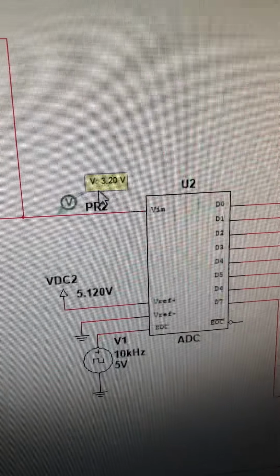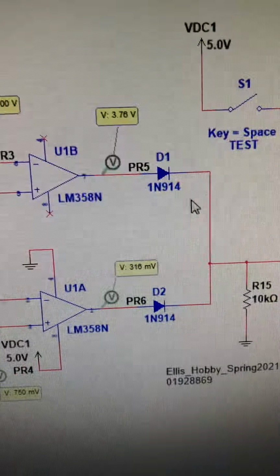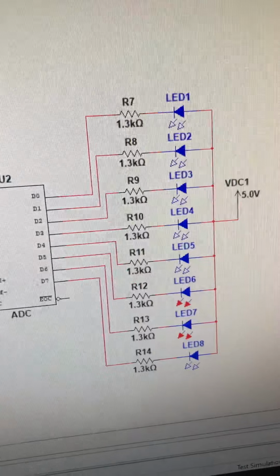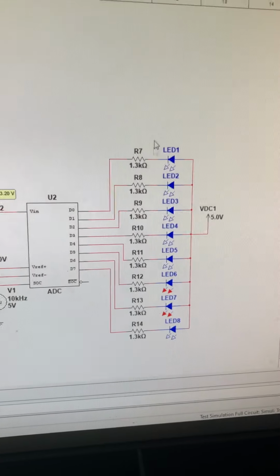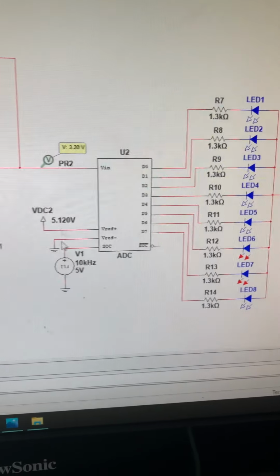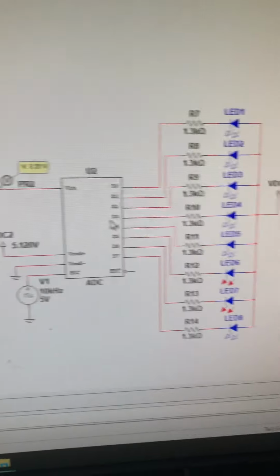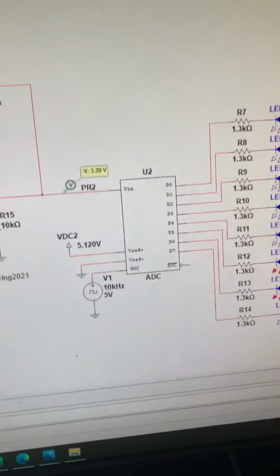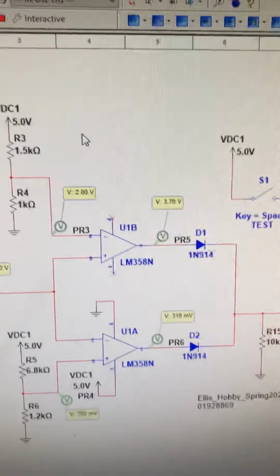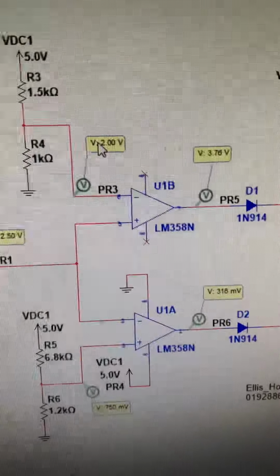And then we have a voltage here. There's a little bit being eaten up by the diode, and as we can see, the state of the ADC has changed. So the idea behind this was that as long as we're within our boundaries, the 2 to 0.75 volts, all the LEDs will be on because we'll have 0 volts here.